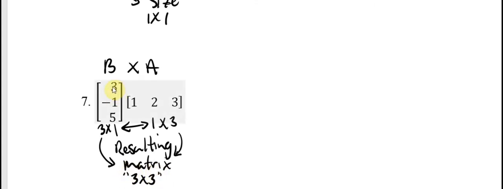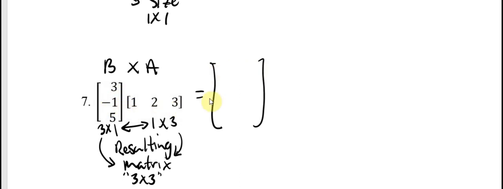Basically it's this row times this column, but there's only one term in the row and only one term in the column. So you're just multiplying 3 times 1, 2, 3, and that gives us the first row.